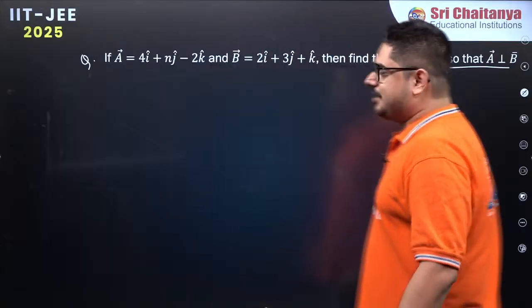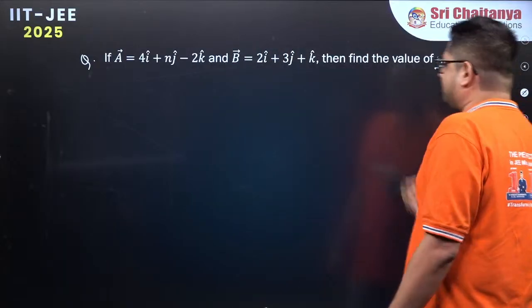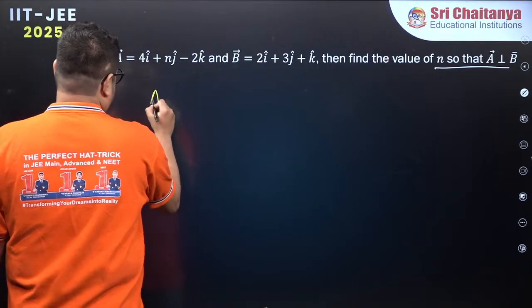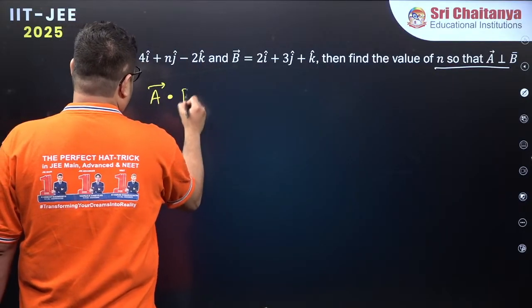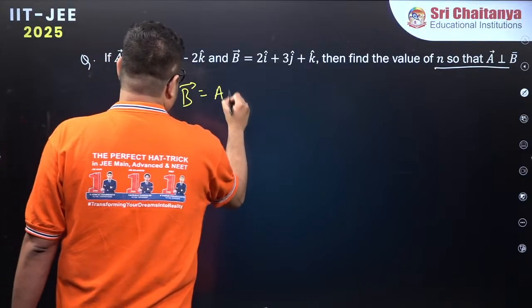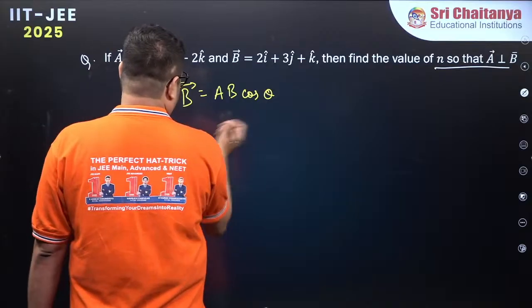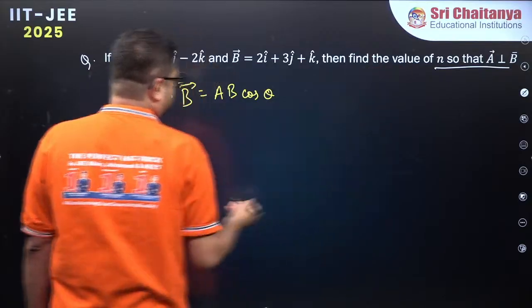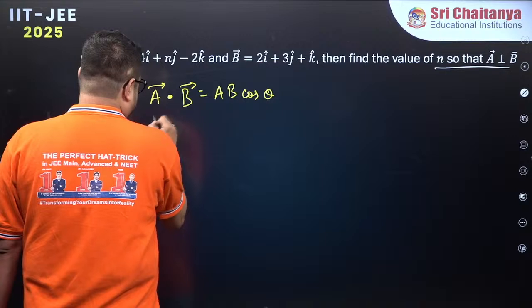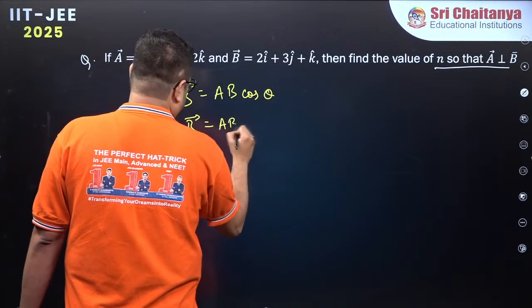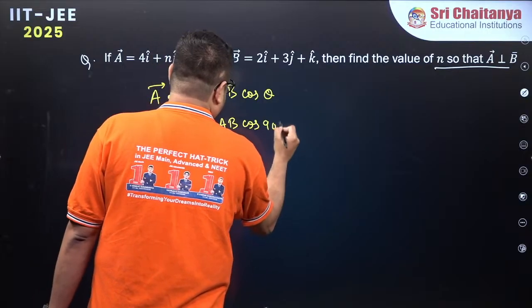Okay, -2. Chalo, sahi jawab hai shayad. Let's try to find it out. So, perpendicular means A dot B, you know that is AB cos theta, isn't it? Theta over there is 90, they are saying. So can I write A dot B is equal to AB cosine of 90.